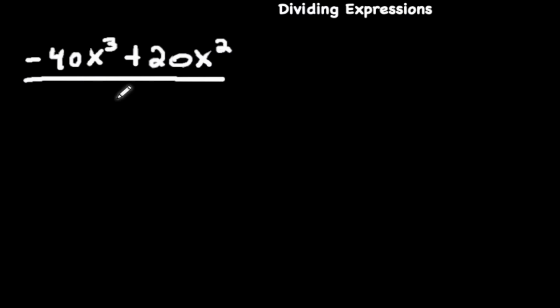Wipe this out and let's go over some more. Okay, so what about if you're given negative 40x cubed plus 20x squared, and that's divided by 10x.